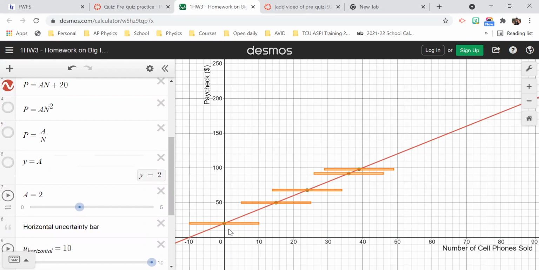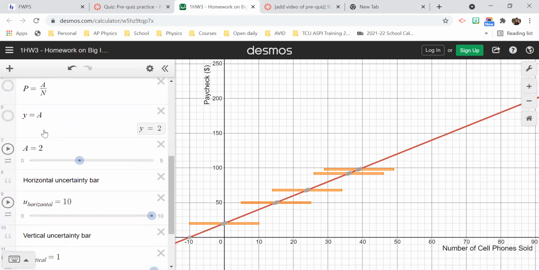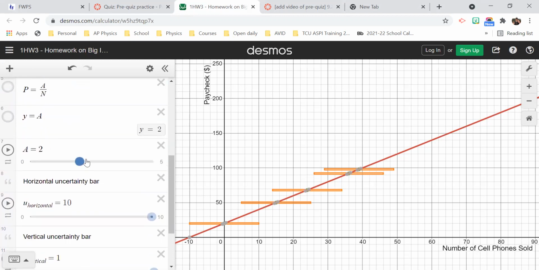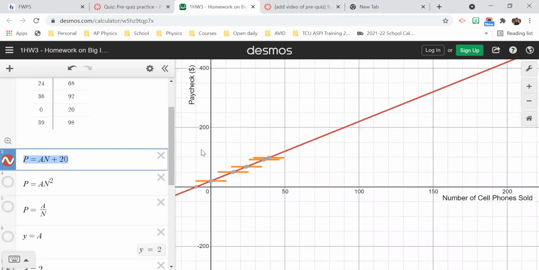So again, we're looking at this red line, which should make sense. We are looking at this proportional linear type pattern. And the equation that best fits it is right here. So P, which is your paycheck, is equal to A, which is right here, 2 times the number of cell phones plus 20.